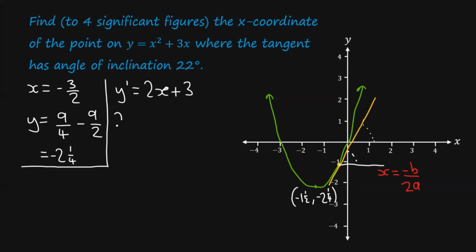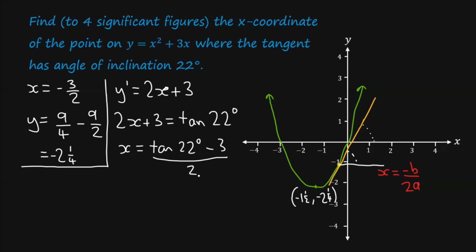So we can go 2x plus 3 equals the tan of 22 degrees. And if we do a little bit of rearranging here, we're going to end up with x equals tan 22 minus 3, I've just subtracted 3 there, and then divide all that by 2, and that's going to give us the x coordinate.